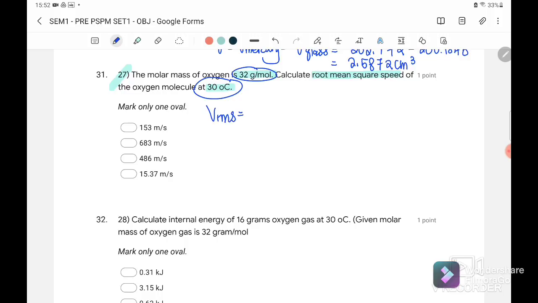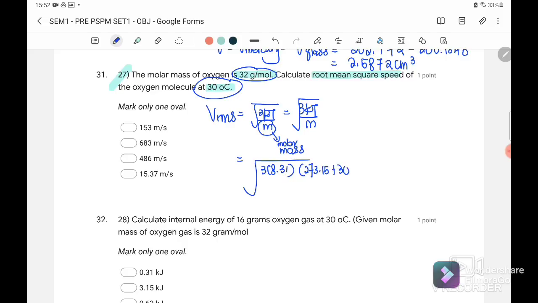For VRMS, we have two equations. Either you can use the square root of 3RT over M or 3kT over m. Since this is molar mass, we substitute 3R, T is 30 degrees Celsius so it's 273.15 plus 30, over M. M is molar mass, 32 grams, and we need to convert it into kg, so I will convert it to 0.032.